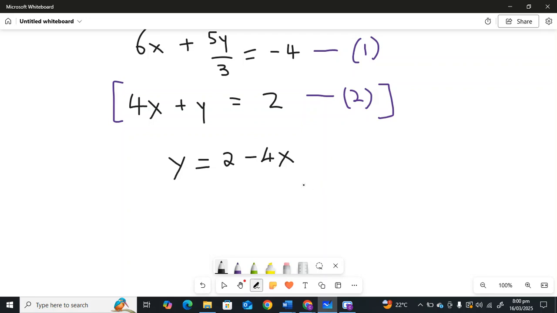Okay, so we've made y the subject of the formula. This new equation, y equals 2 minus 4x, you can substitute into equation 1. Where there's this y, this 5y, we'll replace it with this new expression.